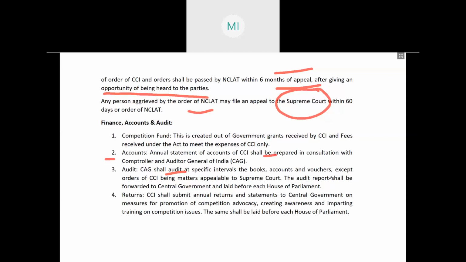Whatever they do will be reported to the central government and laid before the Houses of Parliament. Same way, annual returns on all these matters on competition issues are also laid before the Houses of Parliament. See, they can also ask us a 5 mark question on this, right?